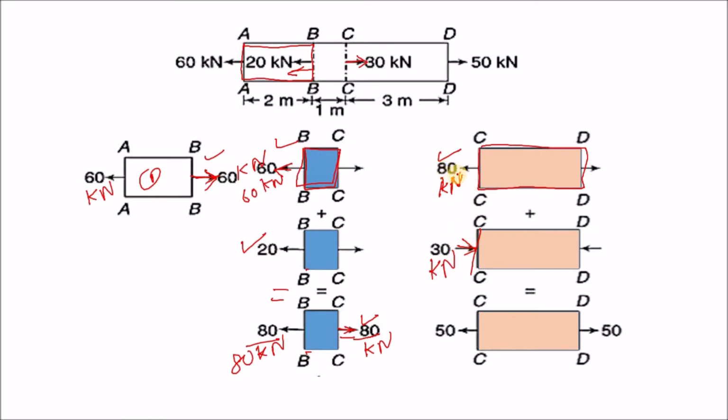Now look here, 80 kilonewton this side, 30 this side. The direction is opposite, so the final load will be 80 minus 30, that is 50, and the direction will be the higher load direction, so this side. Now we got 50 kilonewton this side. We should apply 50 on this side also to make equilibrium. So 50 here, the same load already given in the question.